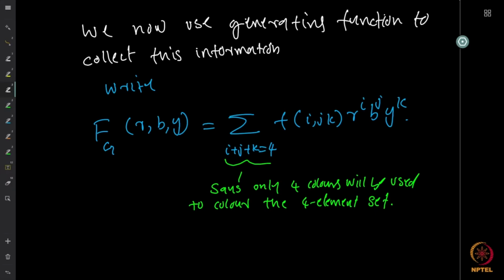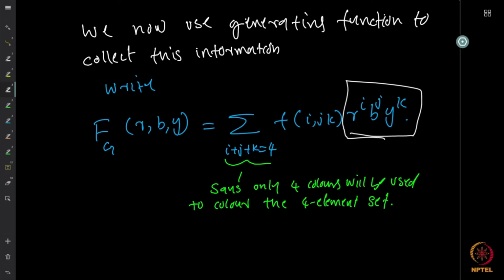So instead of one variable, now we have several variables, 3 variables here. And if you look at the coefficient of r raised to I, b raised to j, and y raised to k, it should precisely tell you how many inequivalent colorings there are under the action of G, that is f_G, where r appears I times, b appears j times, and y appears k times.